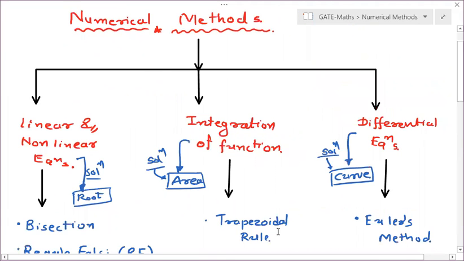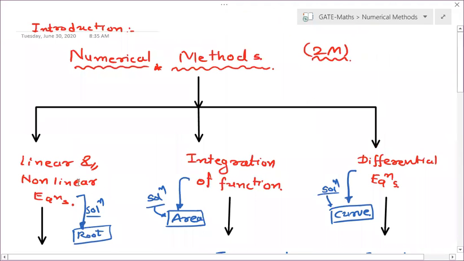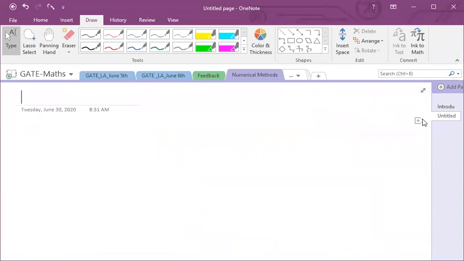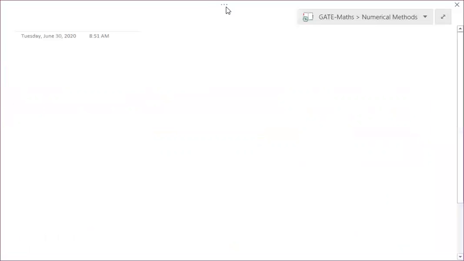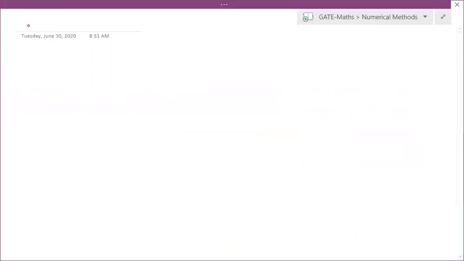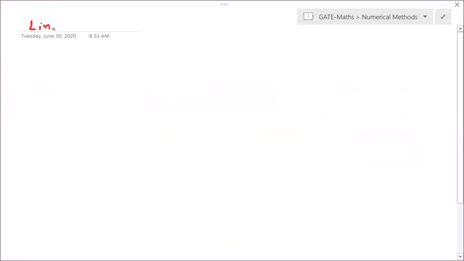Now let us first see the numerical solution of linear and non-linear equations. So that I will take in a new page. So, linear and non-linear equations.